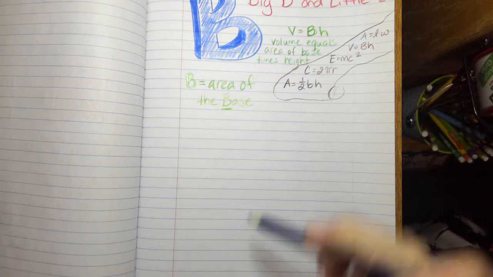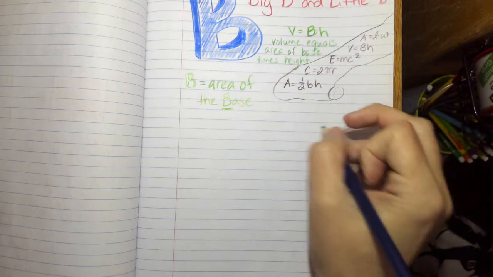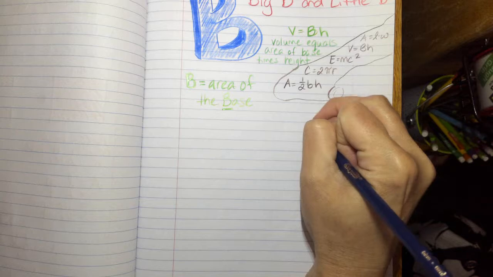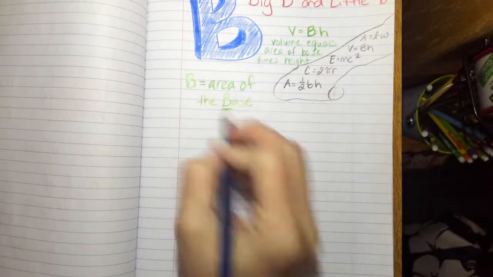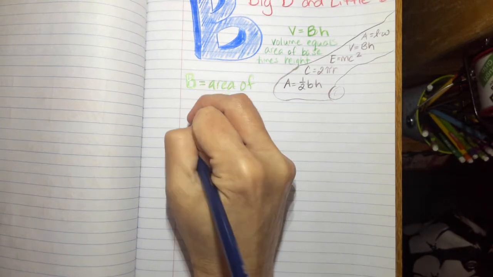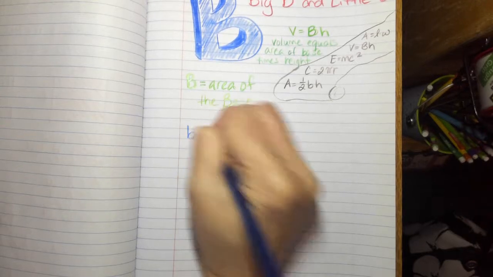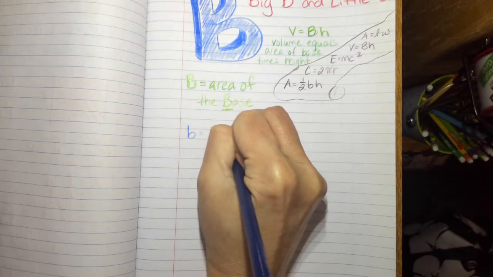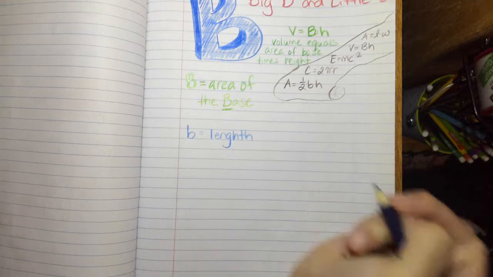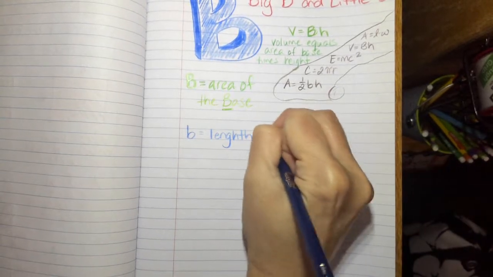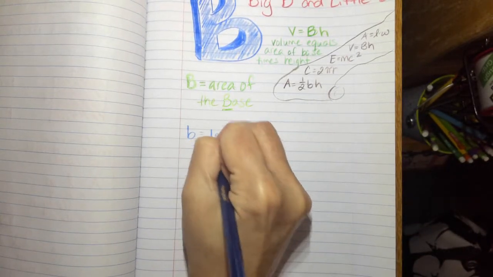There will come a time later, and I put it right here, where there might be a little b. So if big B is the area of a base, then little b is just the length of the base of a triangle.